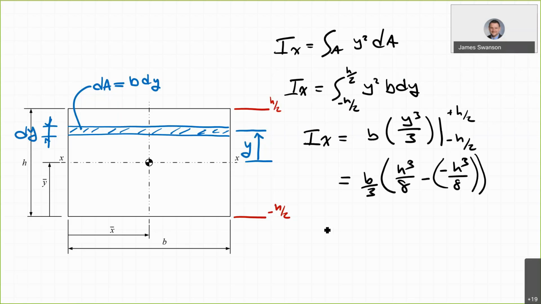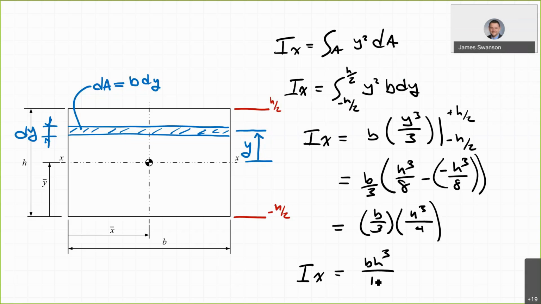Let's do the algebra because I screw that up a lot. This is going to be b over 3, times 2h cubed over 8, or h cubed over 4. So we end up with our final answer that I sub x is equal to bh cubed over 12.